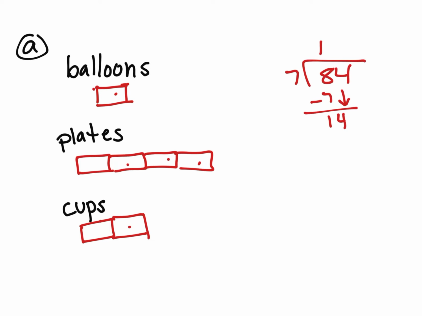Bring down your 4, and 7 fits into 14 twice. So each piece gets 12. This means that she bought 12 balloons, 12, 24, 36, 48 plates, and 12, 24 cups.